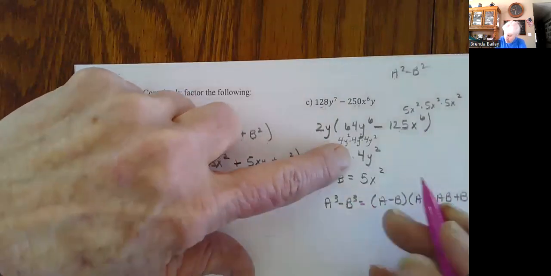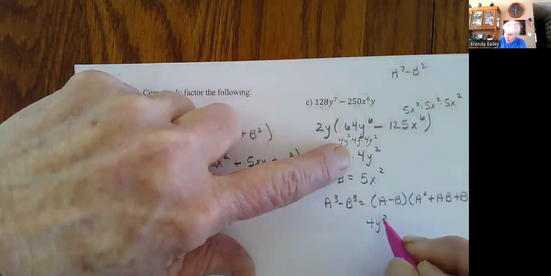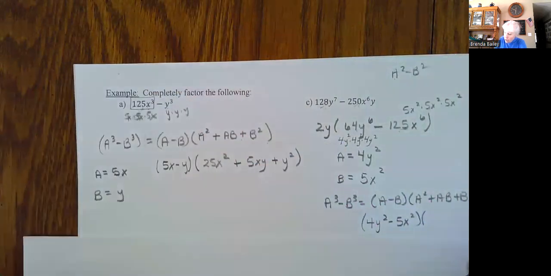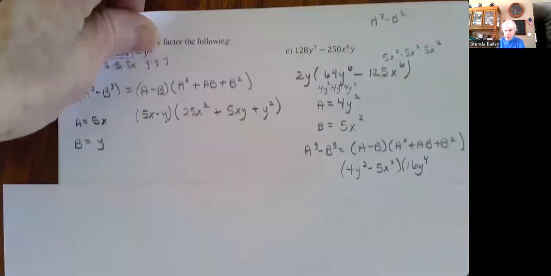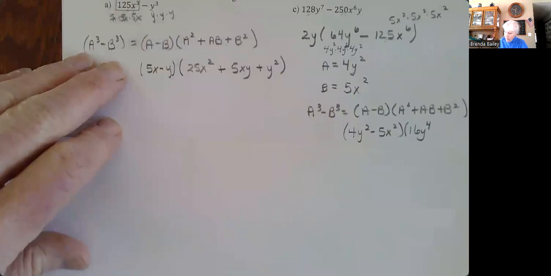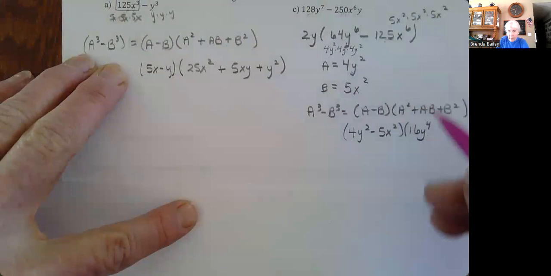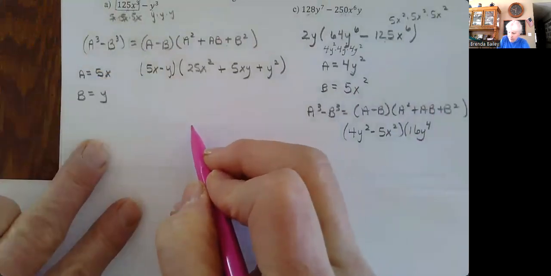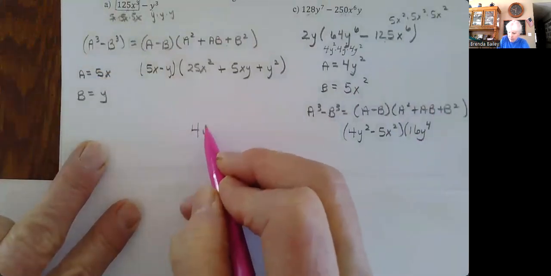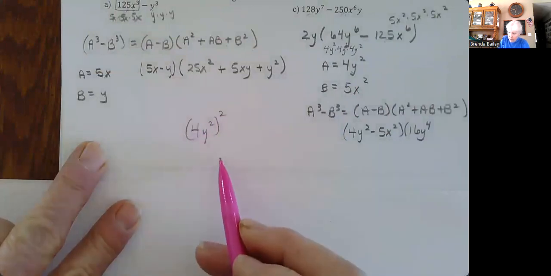So we have A, 4y squared minus our B. Now we're going to square the A. That gives us 16 y to the 4th. When I square this right here, you're squaring them both.